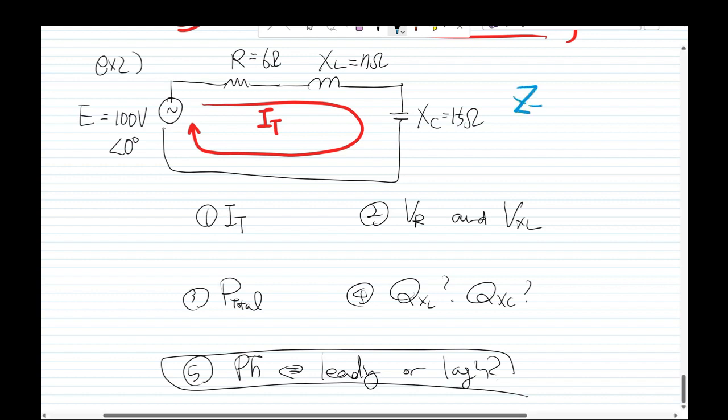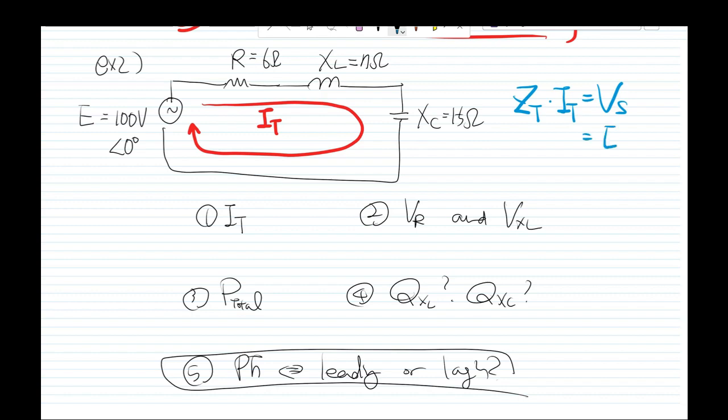Why? Because to find I sub t, with this V sub s, this E, we use Ohm's law, but not with R alone, because it's an AC circuit.